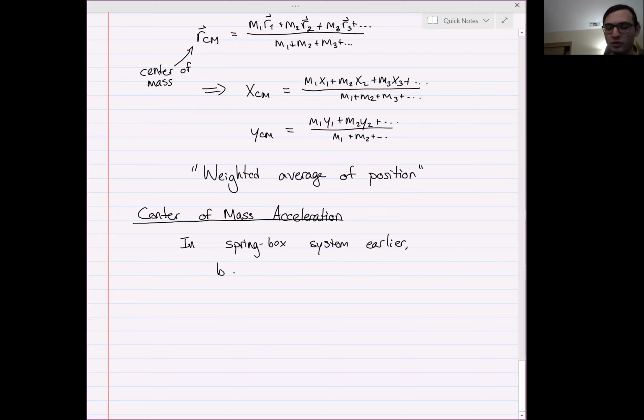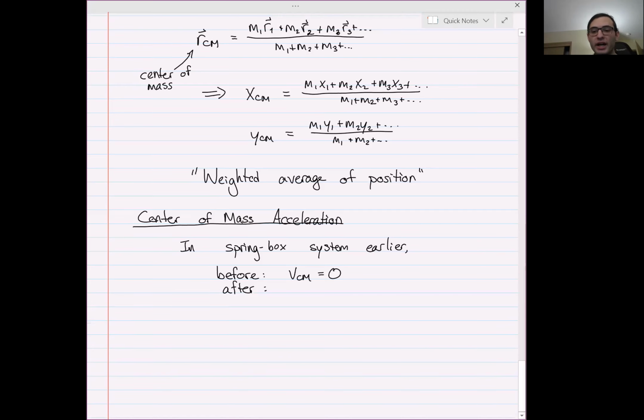we could figure out what the center of mass velocity is before and after. So before, the total velocity was 0, like the velocity of each thing was 0, so the center of mass velocity is 0. R_CM is the center of mass for the whole system. After, we could also go and compute the center of mass velocity.